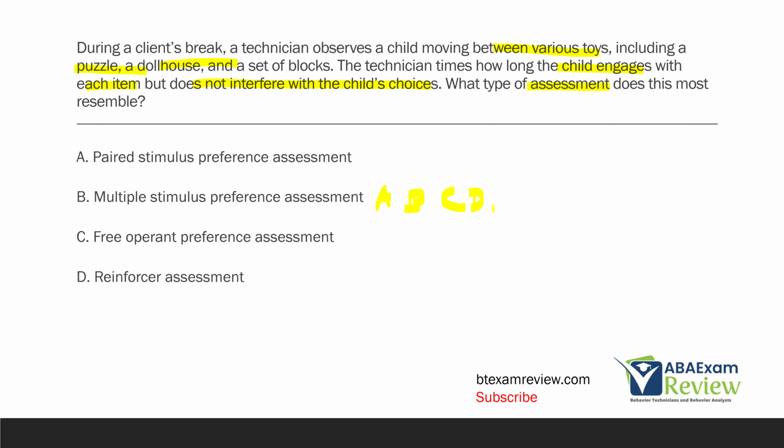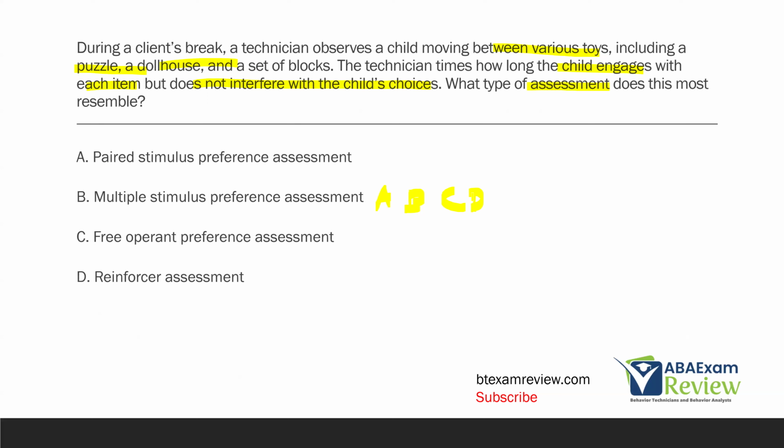With C, a free operant preference assessment, this is what we would consider more or less child-led. You're letting the client lead, you're letting the child lead, you're just observing. You're not really interfering with anything. And that's what this technician is doing here. They're conducting a free operant preference assessment where they're just measuring what the child is engaging with without giving much guidance. And then D, a reinforcer assessment.